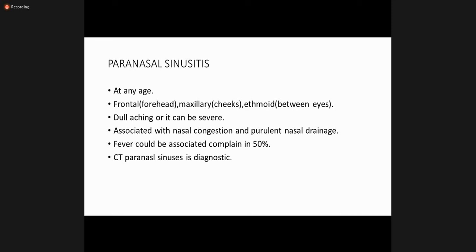So you have to manage accordingly. Here we need assistance from the ENT department to relieve that headache. You have to put the patient on anti-inflammatory drugs and antibiotics if it is bacterial in origin, or sometimes drainage or clearing of the sinuses may help a lot.